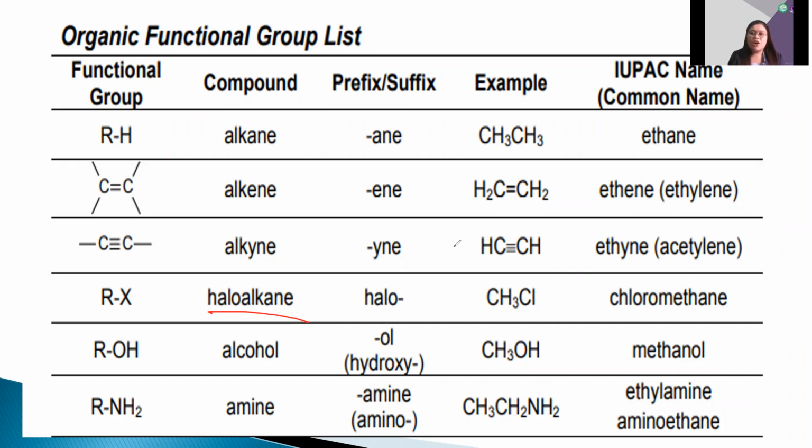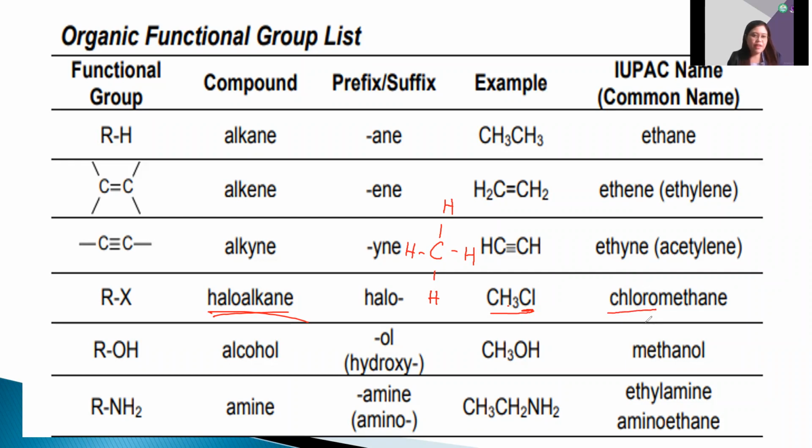So again, we have here 4 valence electrons of carbon, and if we are talking about hydrocarbons, all of these will be bonded to hydrogen. But if one or more hydrogens are replaced by a halogen, we call it haloalkane. An example is this one. Instead of CH4, it became CH3 because one hydrogen is substituted with a chlorine.